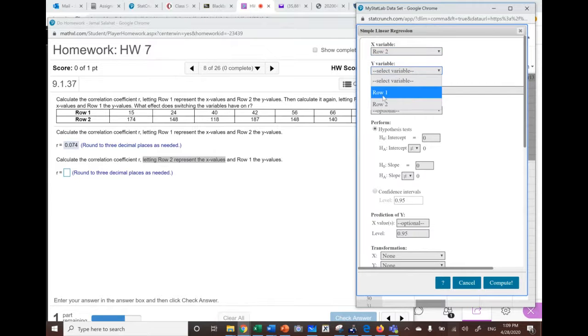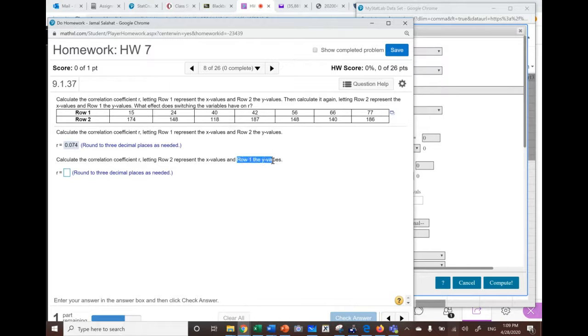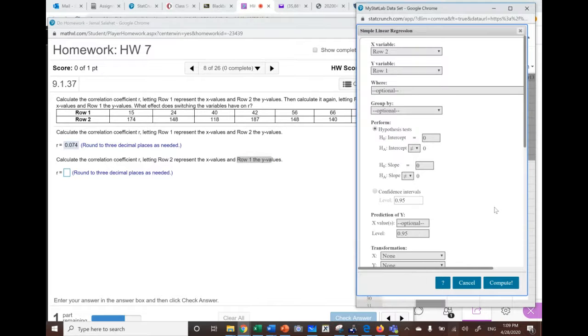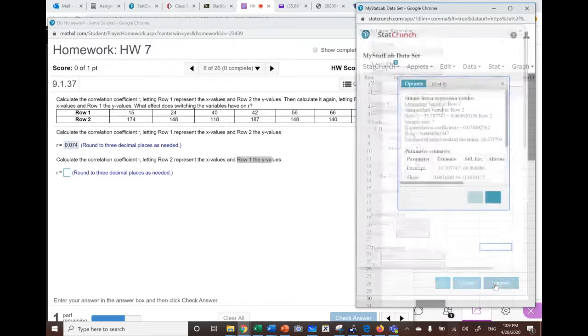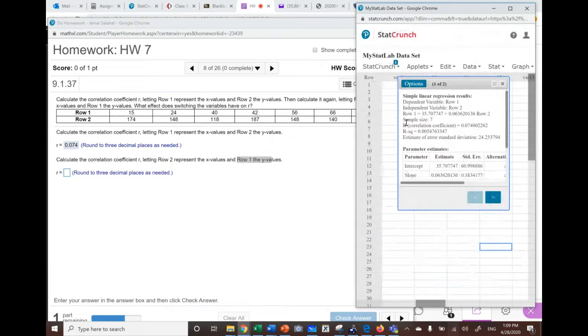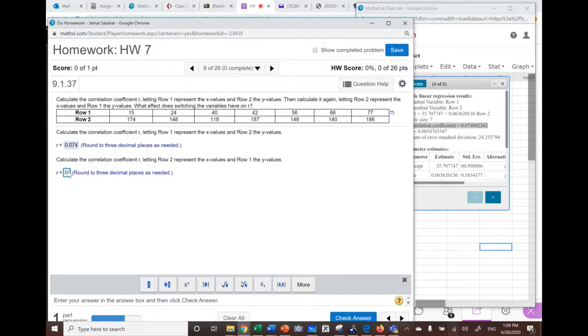And we want the Y to be row 1. So again, according to what they tell us in here, row 1 will be the Y and row 2 will be the X. And we did that, row 1 and row 2. So just go to compute. And notice that the R in this example, still the correlation coefficient R, is unchanged, which is 0.074.